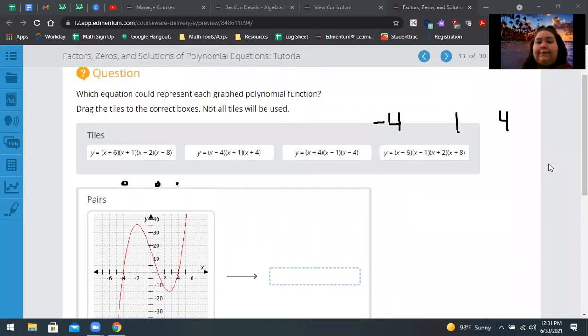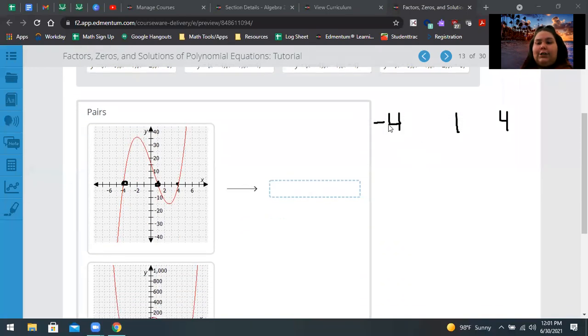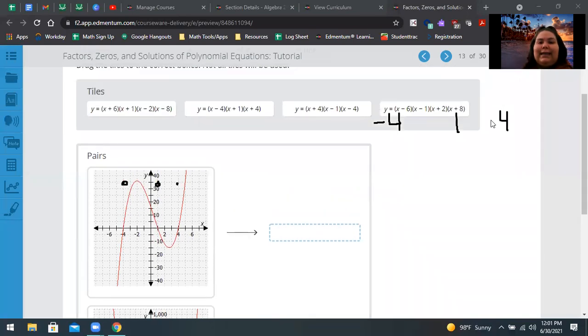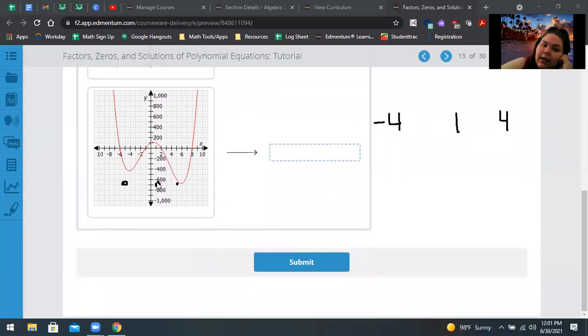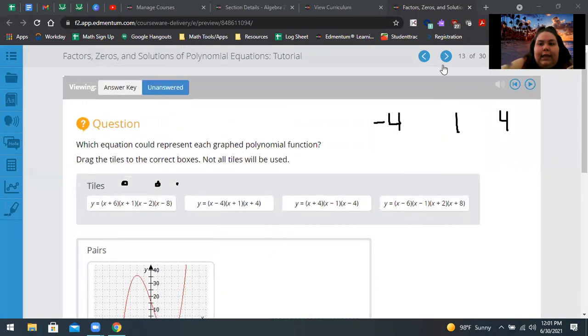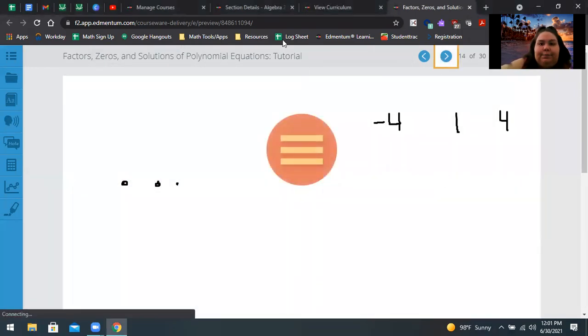You should have 3 factors. So go ahead and generate the factors for each of those zeros and match it up. Does it have to be in the exact order as yours? No, as long as you have each factor for every one, you're set. Now double check and do the second one, repeat the same steps. Find out where it touches on the x-axis, write out those numbers, and then do the factors for each one. And that will be it for slide 13.